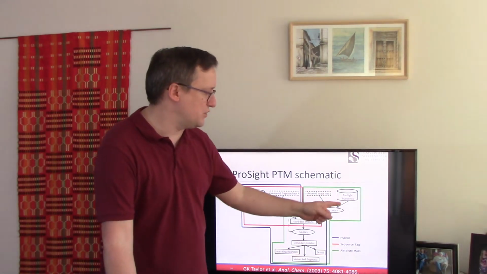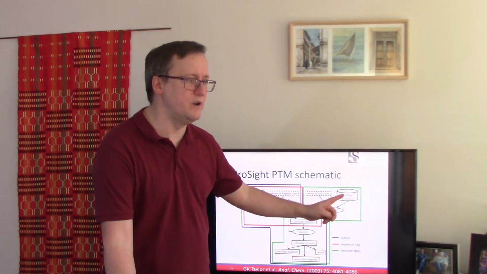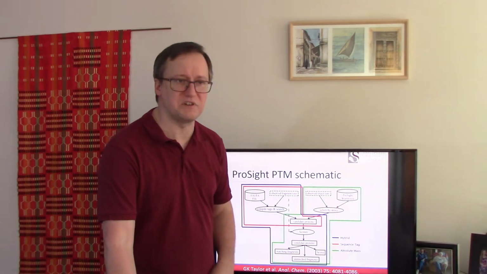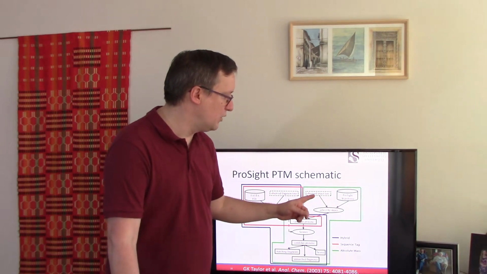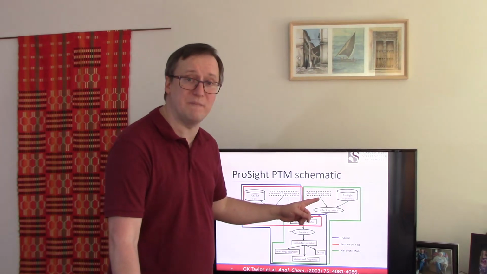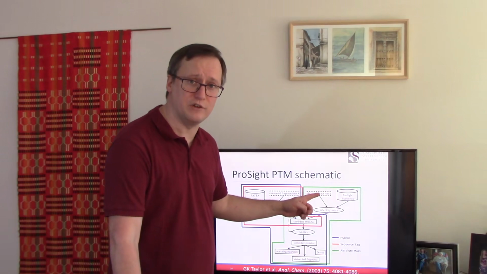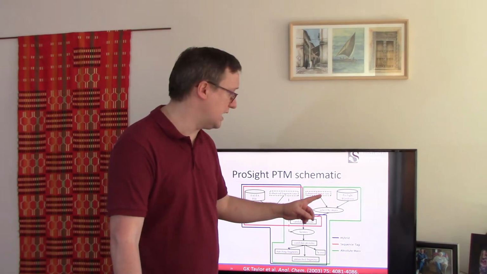So let us imagine that we have a sequence database that represents known cleaved forms of proteins. So here that's represented by the ProSight warehouse, a SQL database. We have mass spectra that show us very accurately what the mass and charge of a particular protein ion is, or proteoform ion is.